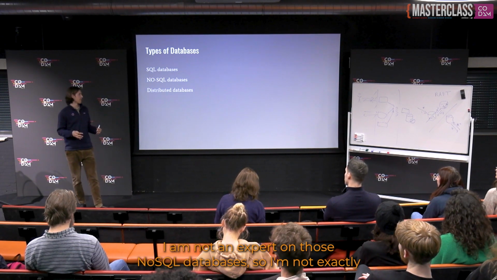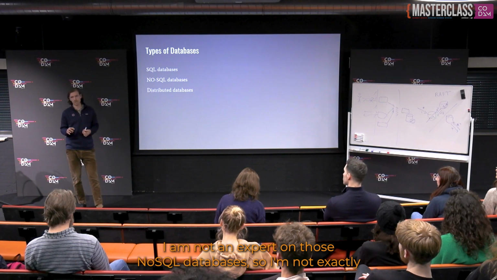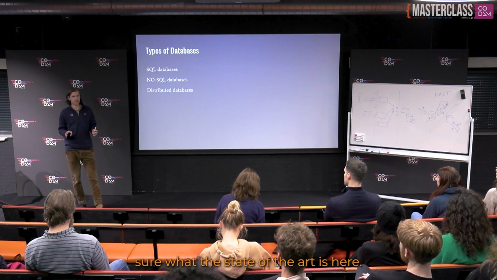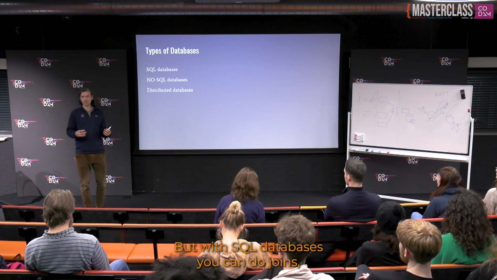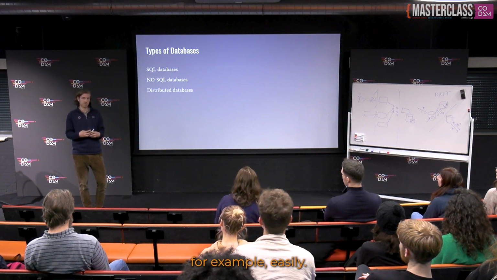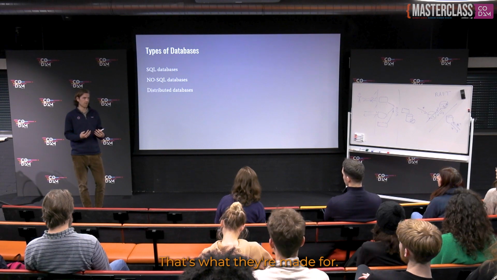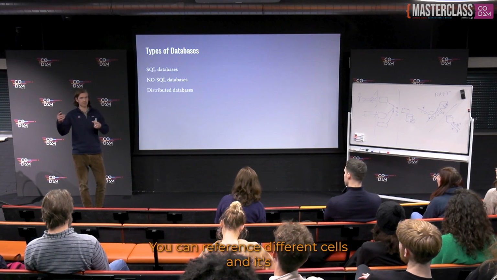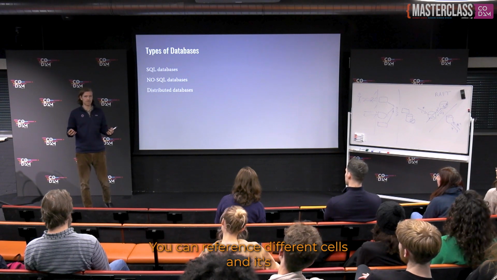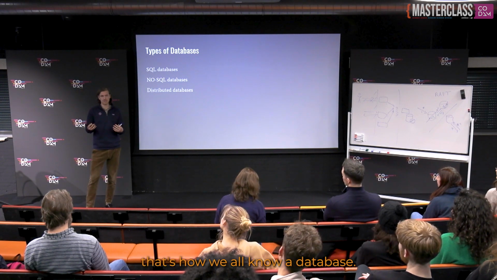I am not an expert on NoSQL databases, so I'm not exactly sure what the state of the art is here. But with SQL databases, you can do joins easily, right? That's what they're made for. It's like an Excel sheet, you can reference different cells, and that's how we all know a database.